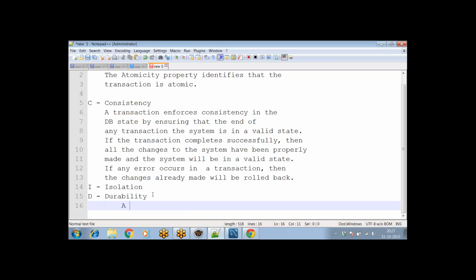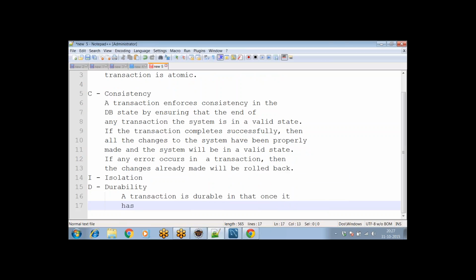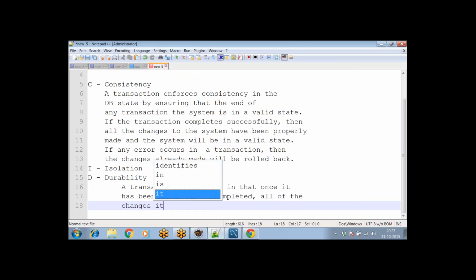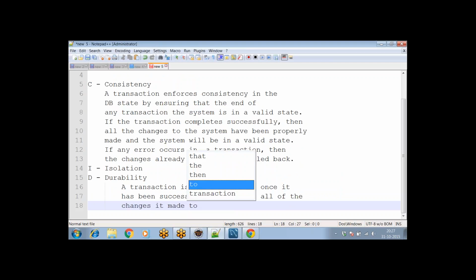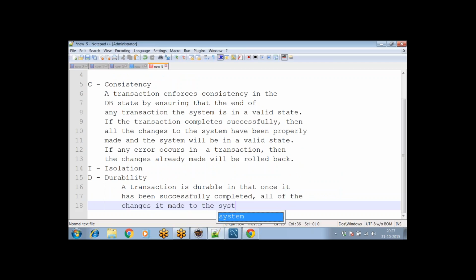So a transaction is durable if, once it has been successfully completed, all of the changes it made to the system are permanent.